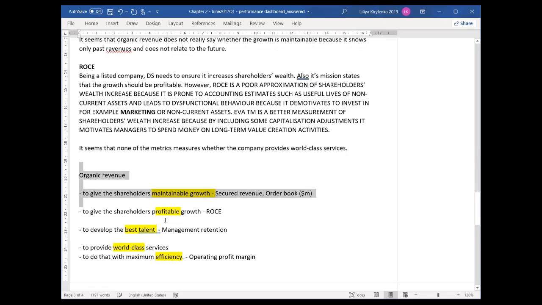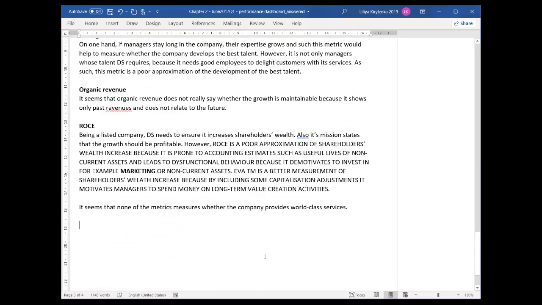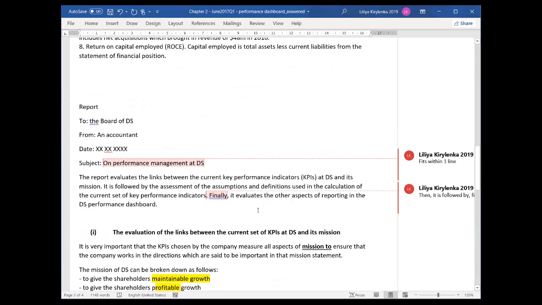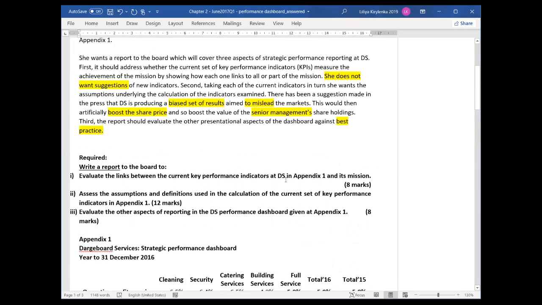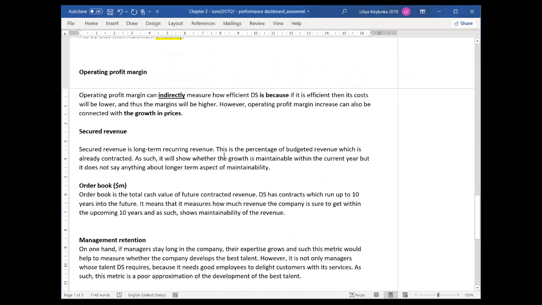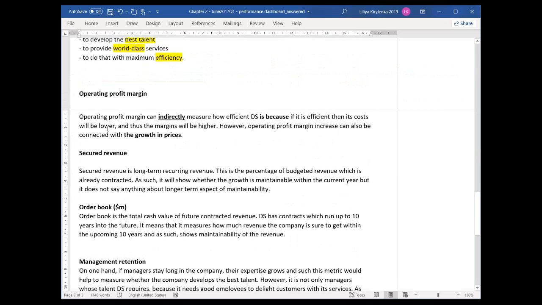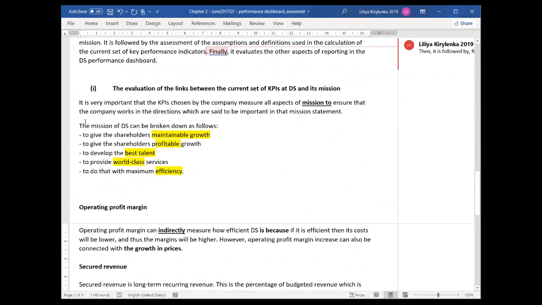Okay, so I'm going to delete that, and this is how the first part looks. And if we talk about marks, well, we have 8 marks here. Let me see how many points we've made. We have a mission breakdown, so it would be 1 or 2 marks.